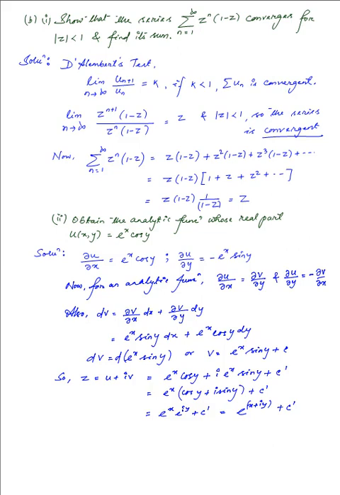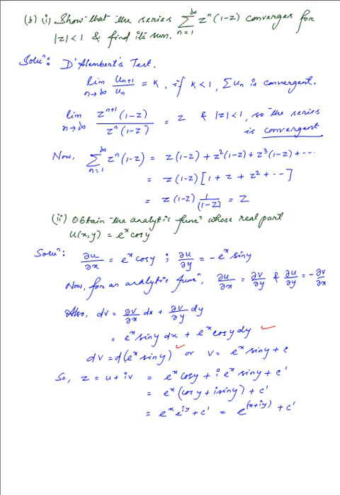We put in the values that we obtained for the partial derivatives of u, because we have the condition of analyticity, and what we get is e raised to the power x sine y dx plus e raised to the power x cosine y dy, which is nothing but an exact differential form obtained over here.